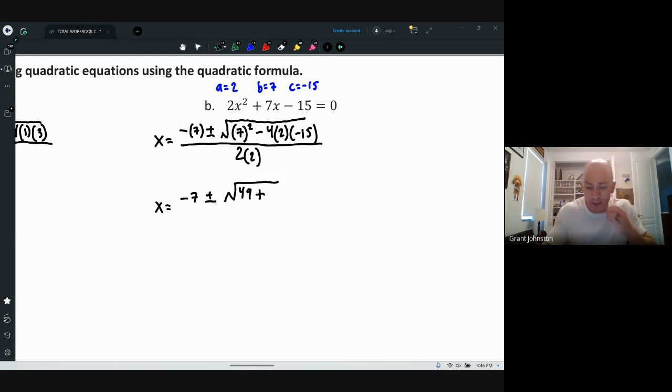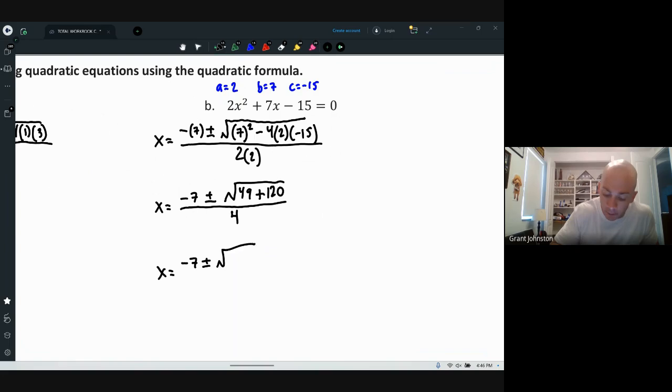So negative 4 times 2 is negative 8, negative 8 times negative 15 is 120. And on the bottom, 2 times 2 is 4. Let's keep it going. Negative 7 plus or minus the square root of 49 plus 120, which is 169.